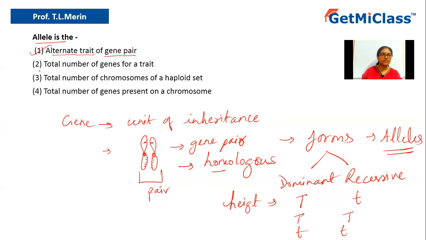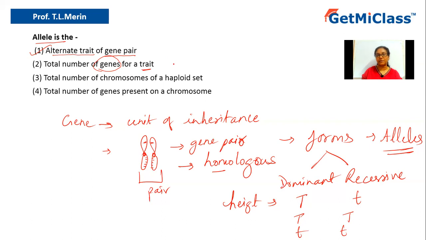The second option says total number of genes for a trait. If you say total number of genes, that means for each gene you have different variant alleles, right? Suppose for a trait you have 3 genes coding for one particular characteristic, you may have 6 alleles because each gene will be present in 2 different forms.